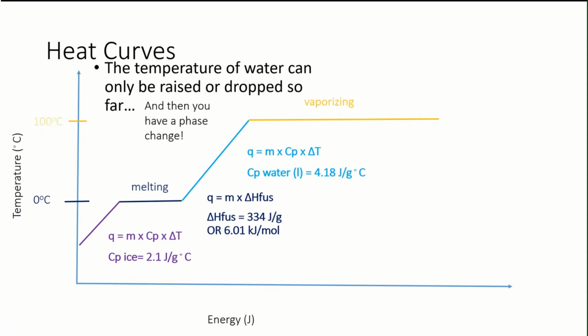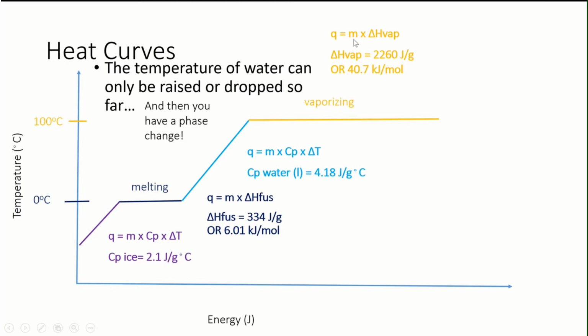Again, this happens at 100 degrees Celsius. Don't forget that. You'll have to know that a lot. So at 100 degrees Celsius, our liquid water will vaporize to gaseous water. Once again, we have no temperature change. It's flat right here at 100 degrees Celsius until all of our liquid water has turned into water vapor or gas.